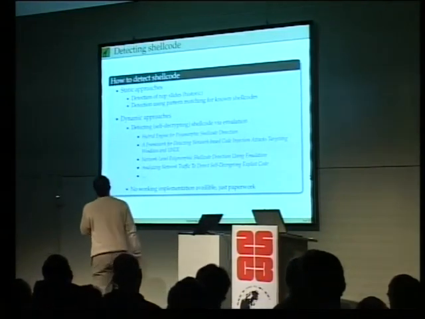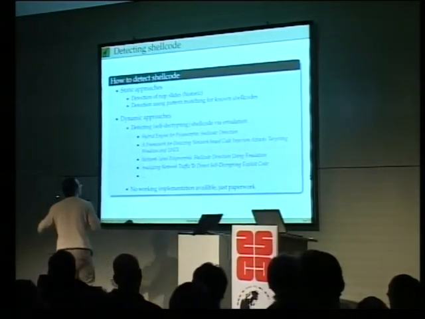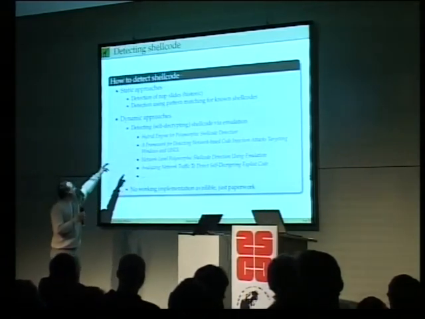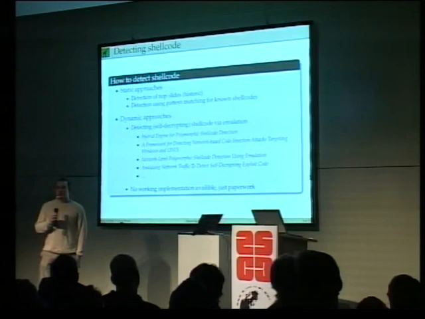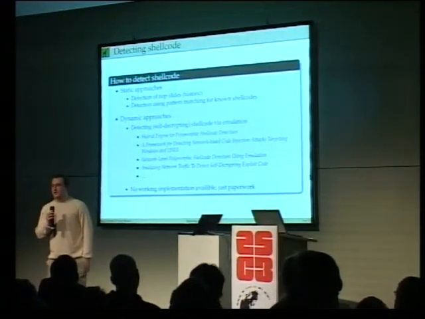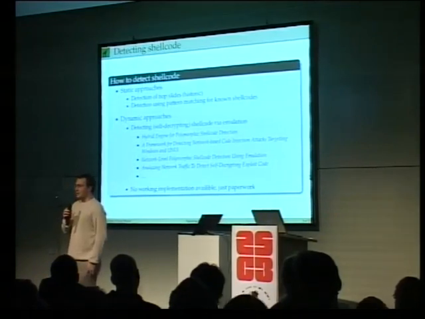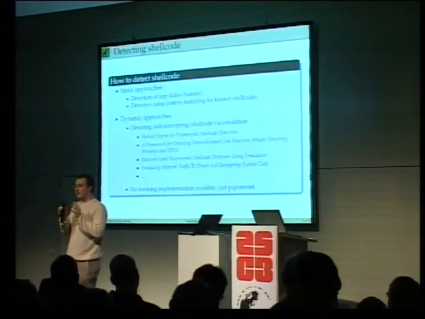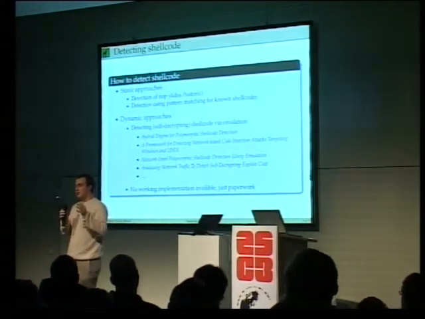And there were some dynamic approaches, and these are titles of publications. It's about detecting self-decrypting shellcodes using a technique which is called getPC. Self-decrypting shellcode has a stub in front of the actual payload, and this stub is meant to decrypt the shellcode.